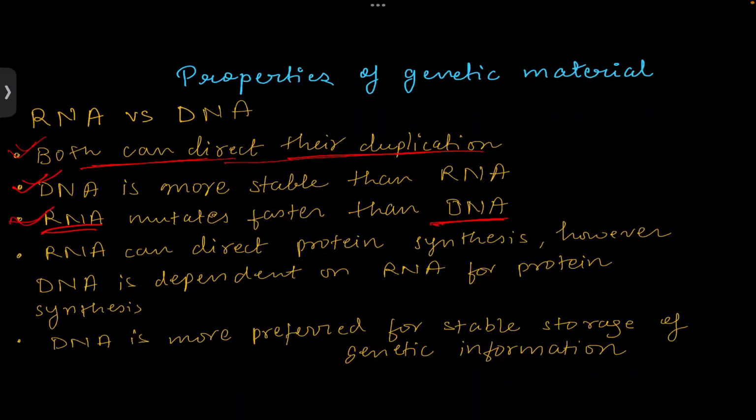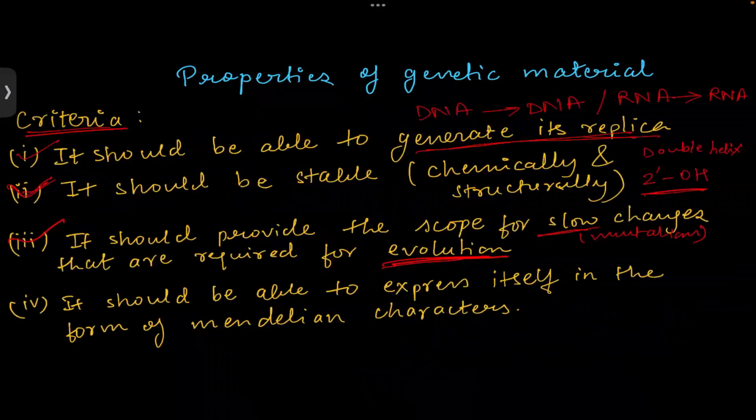So to this point we can see that both RNA and DNA allow mutation, but in RNA the mutation is very fast, because of which new strains of viruses emerge very quickly in comparison to those organisms having DNA as genetic material, where the mutation happens very slowly, like one in a million bases gets mutated.